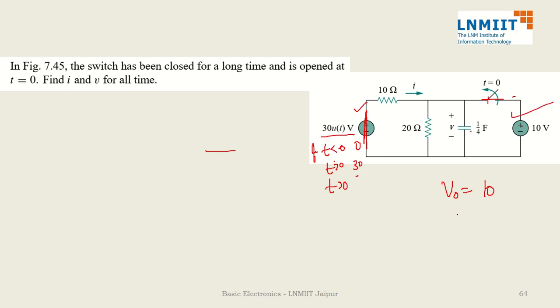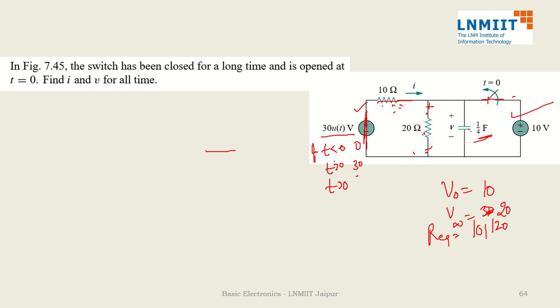So the final value will be 30. No, not 30. 30 volt is connected and the voltage across this 20 ohm will be the final value, and that will be 20 by 30 of 30, that means 20. What will be R? That will be 10 parallel 20, and C is 1 by 4.